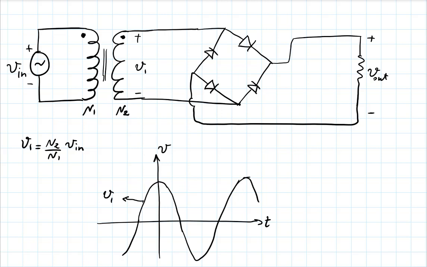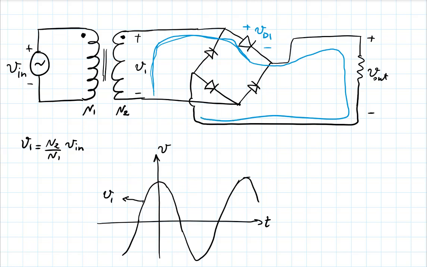But think about, for instance, writing one of the KVLs. You could go around this loop. You have a voltage rise of V1 here. Then if you call this VD1, you have a voltage drop there. Then you have a voltage drop on the output, and like that. You see?